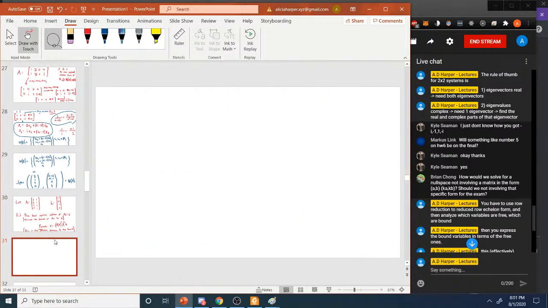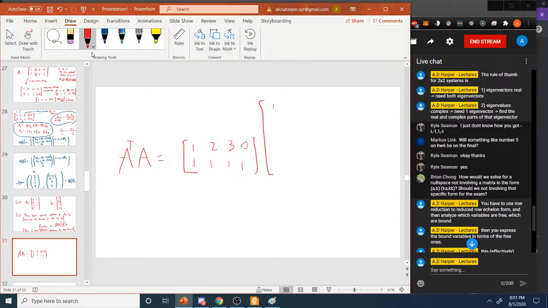So the first thing we're going to have to compute is A transpose times A. It's going to be the same thing as 1, 2, 3, 0, 1, 1, 1, multiplied through by 1, 2, 3, 0, 1, 1, 1, 1. And if I do this calculation, I'm going to get a 2 by 2 matrix.